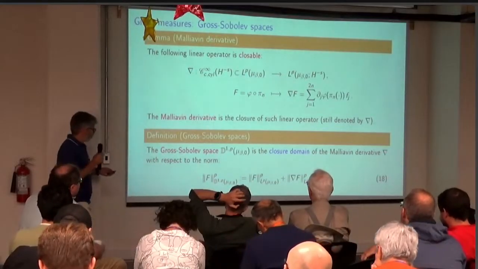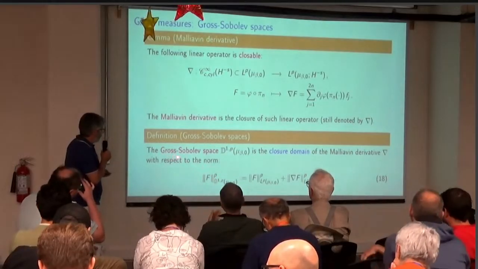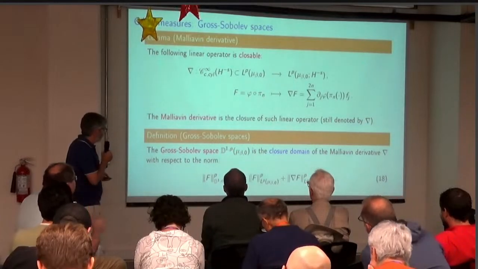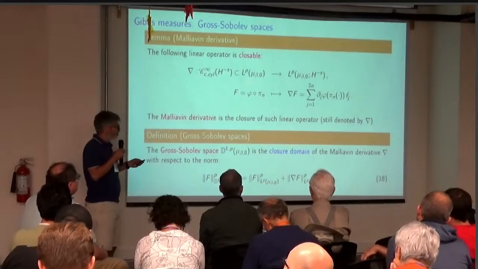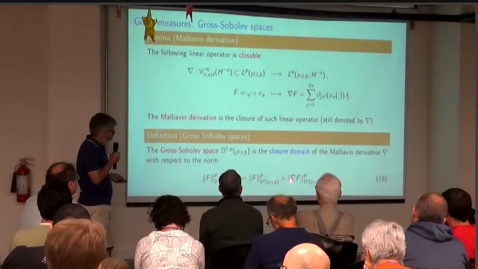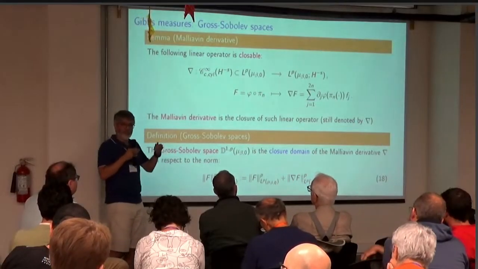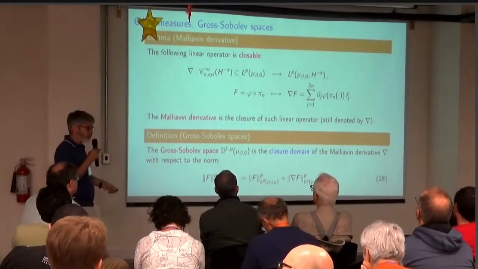A function is in the gross Sobolev space D^{1,p} with respect to the Gaussian measure if it is in L^p with respect to the Gaussian measure, and its gradient is also in L^p. Of course, the gradient goes to H^{-s}, so not real valued functions but vector valued functions.